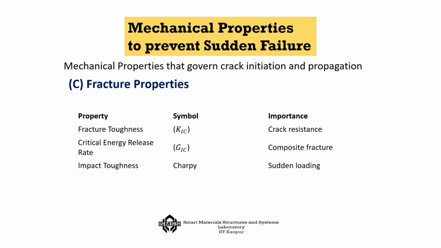In fact, impact toughness is the first one that we have already touched in the last class, and let us just continue with it for some time, and then I will come back to fracture toughness and critical energy release rate, that is KIC and GIC.